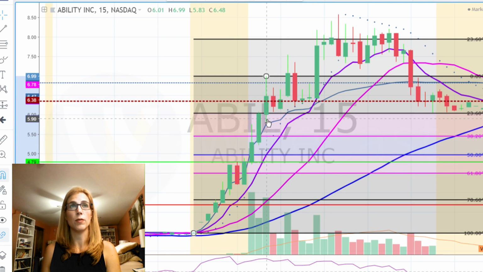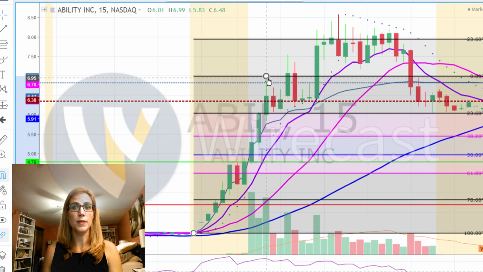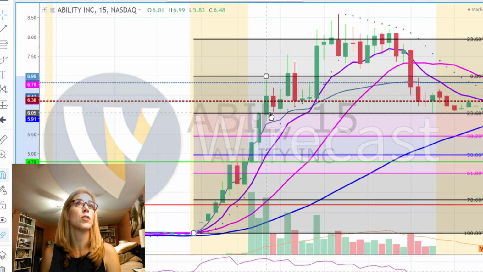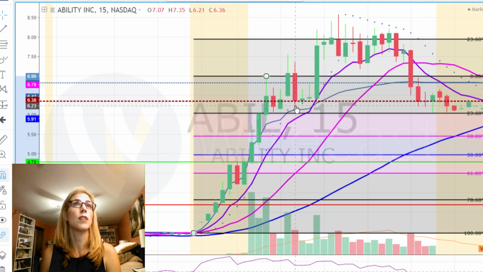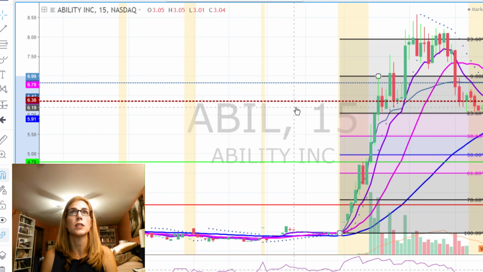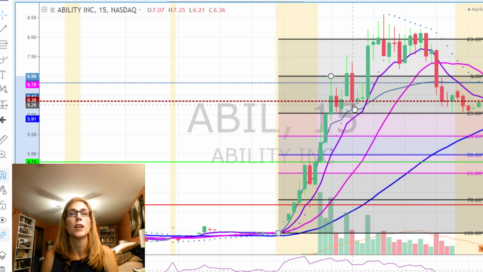It dropped below VWAP a little bit, but on the 15-minute chart, it never really looked like you should get out until it broke below the candles right here. So it looks like 623 would have been the real exit, because you never really had a signal before then to get out, in my opinion.